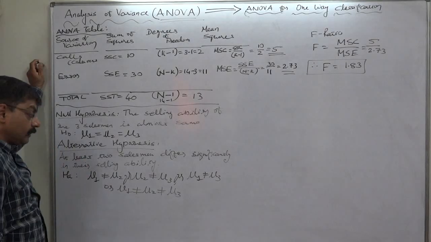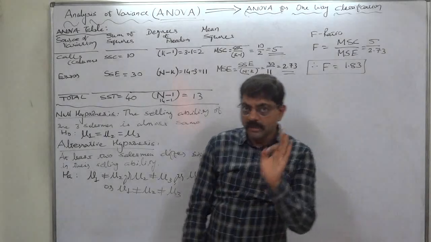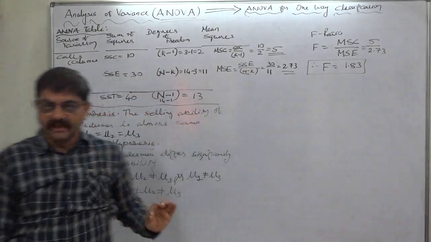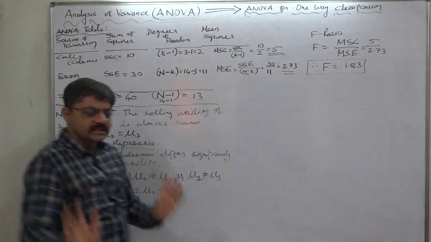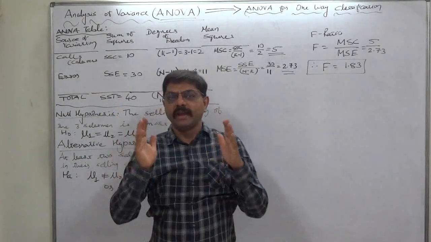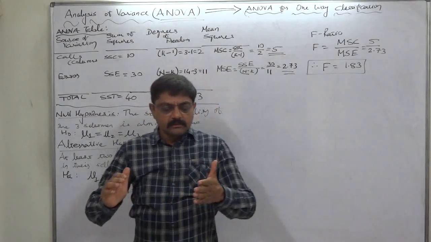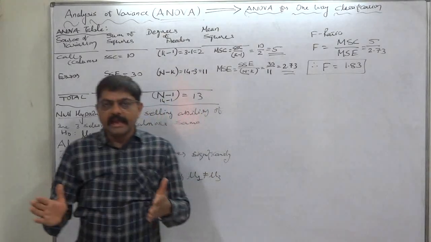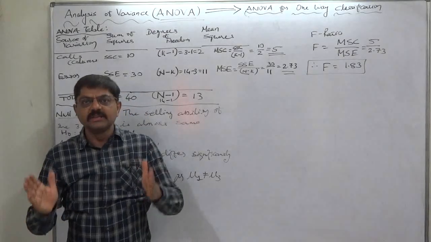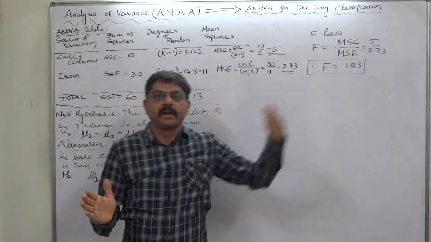See, the sign is not equal to, but the sense is of one tail. So you can remember only one thing: in case of ANOVA, one-way or two-way classification, the test is always on the upper end.